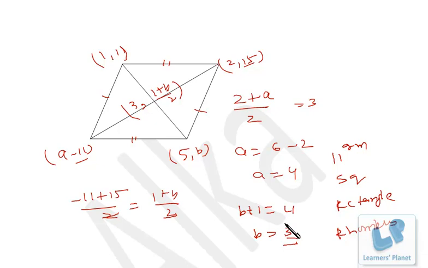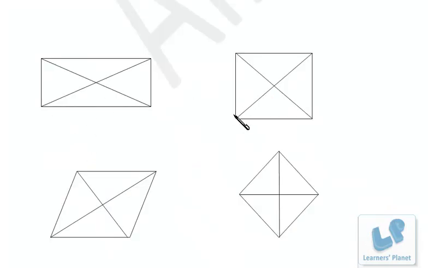Now if you have to find out the difference among these four, if we just discuss the difference, we'll be able to get it easily. I just take an example. Here I am having all the four figures, right? Now in case of a square and a rhombus, all the four sides are equal. So what is the difference between square and rhombus?